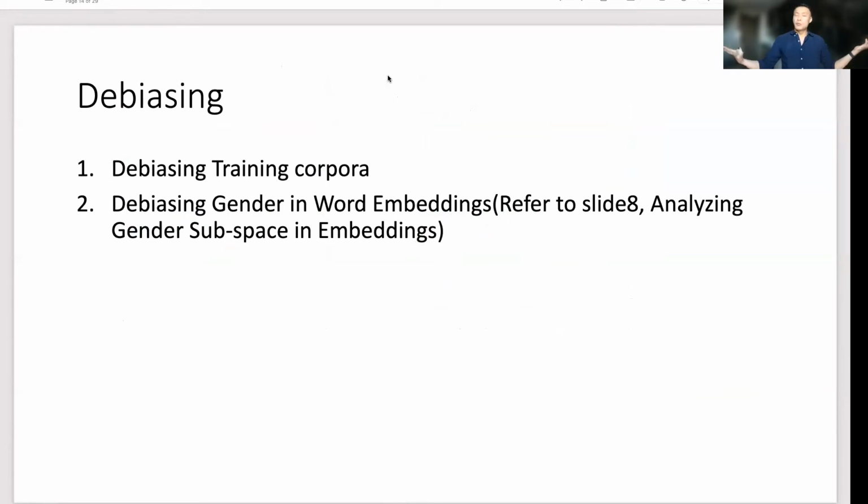Okay, so those are some attempts, right? Because if we have a way to know and also a way to measure whether we are biased or not, then it's very easy to make progress. And that's the logic of NLP research. We have the standard benchmark data set.